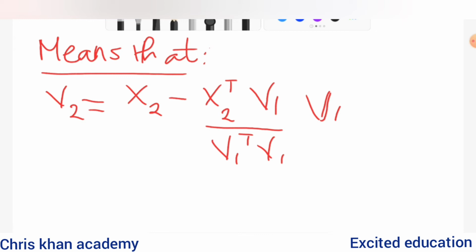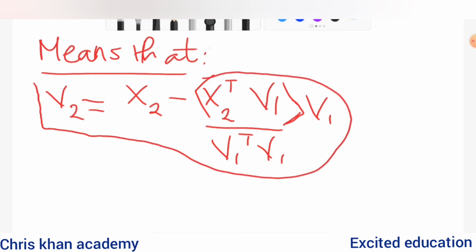So v3 is equal to x3 minus x3 transpose v1 over v1 transpose v1, times v1, then minus x3 transpose v2 divided by v2 transpose v2, times v2. This is how we calculate v3 in the given matrix.